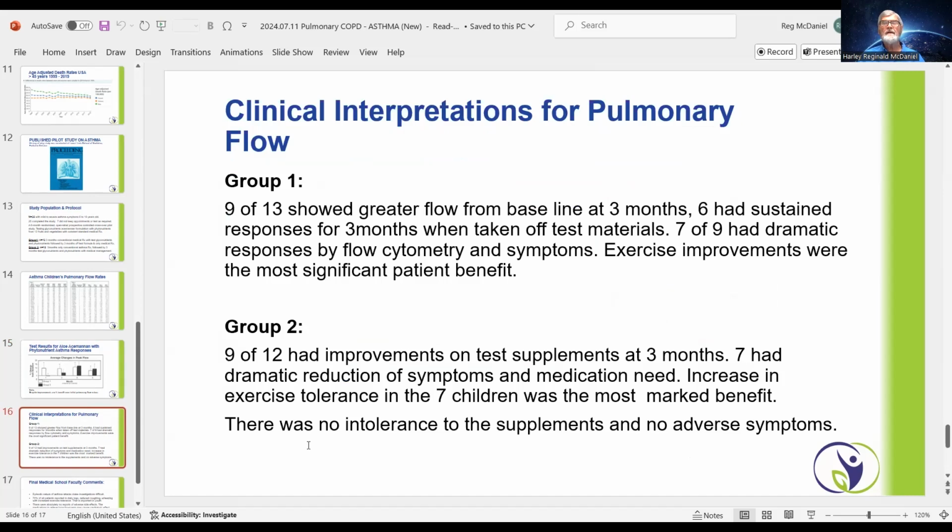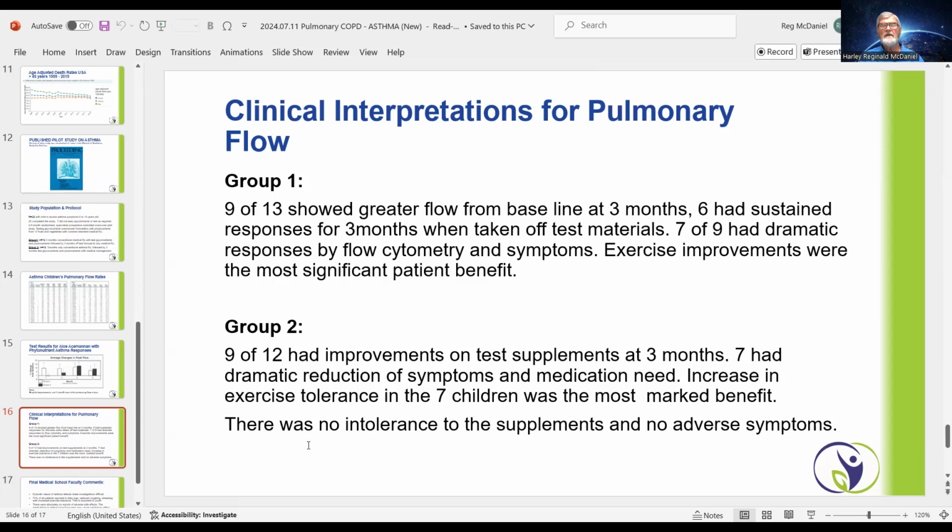Now, group 1 had some dramatic responses to flow cytometry and symptoms. And exercise improvement was the most significant thing that the patients reported.